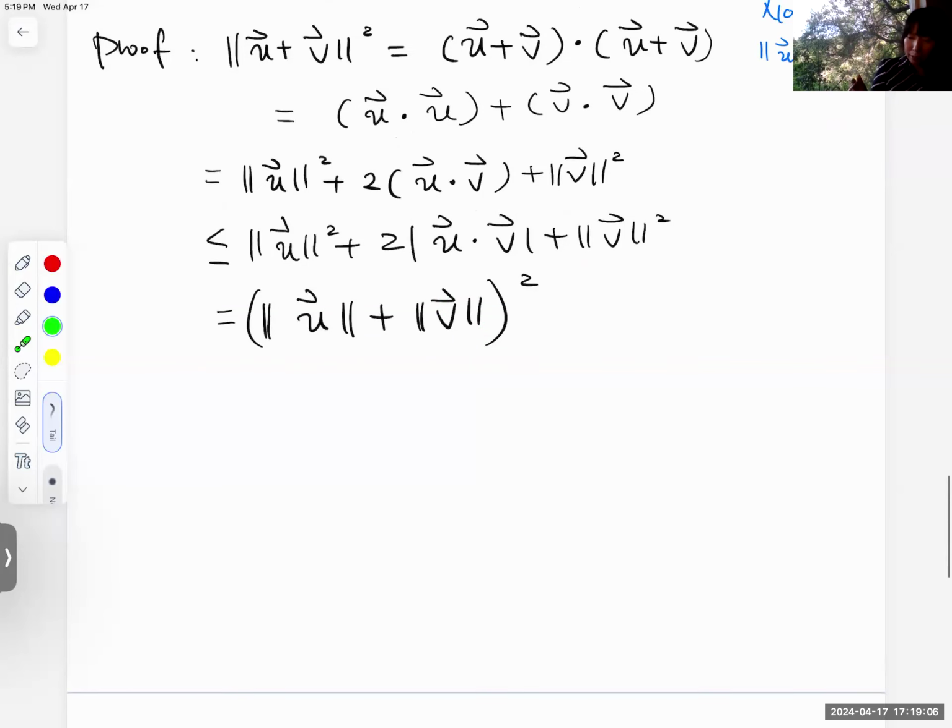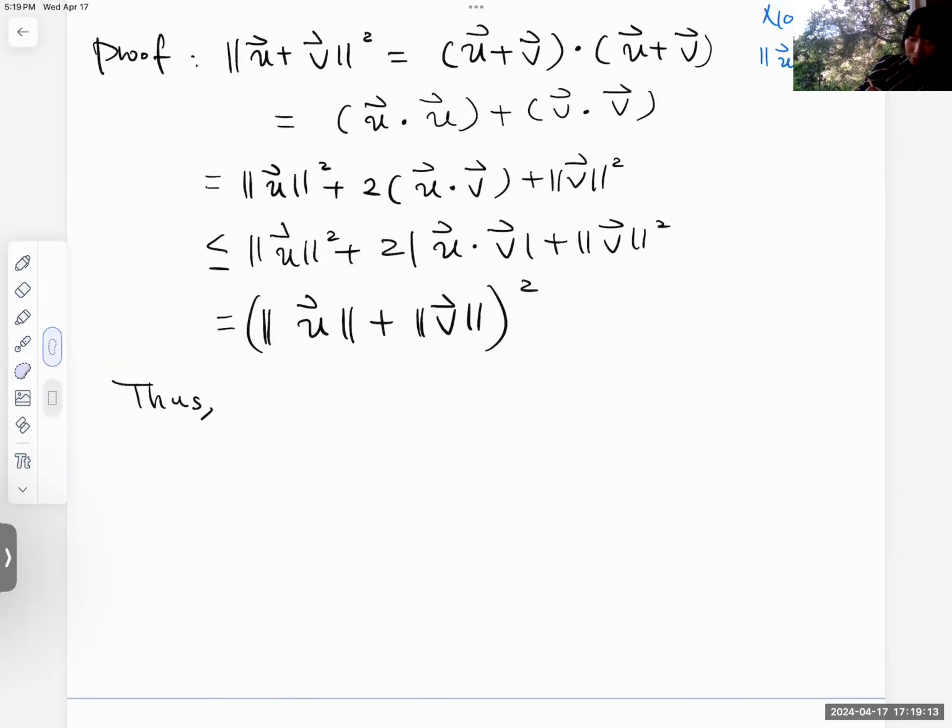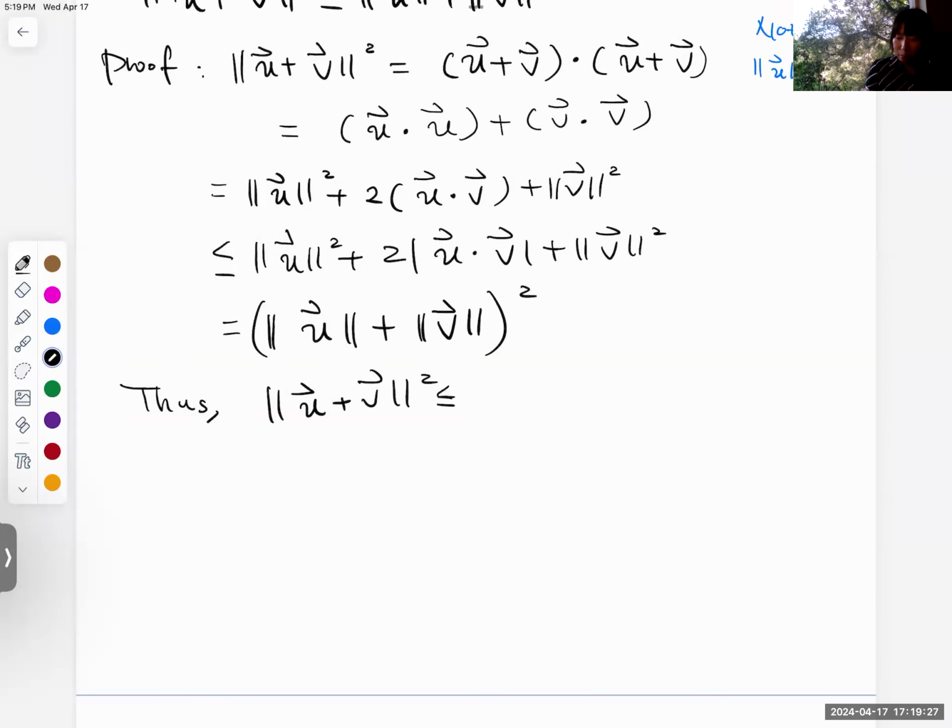Okay, then we just conclude. We start with that, right? So that will be the magnitude of u plus v, squared, less than or equal to the last expression, which is parentheses with the magnitude of u plus the magnitude of v, squared, right?